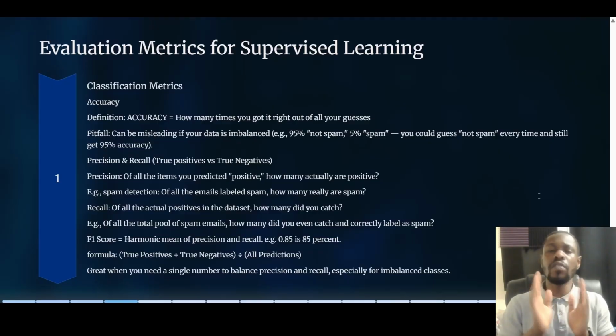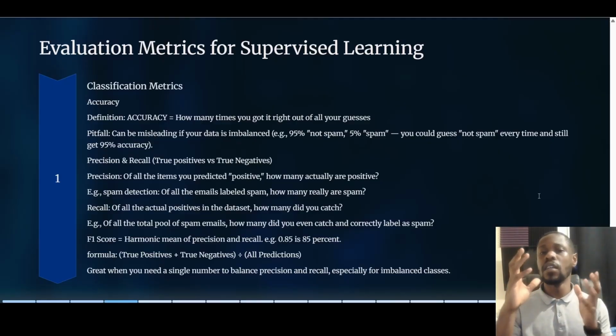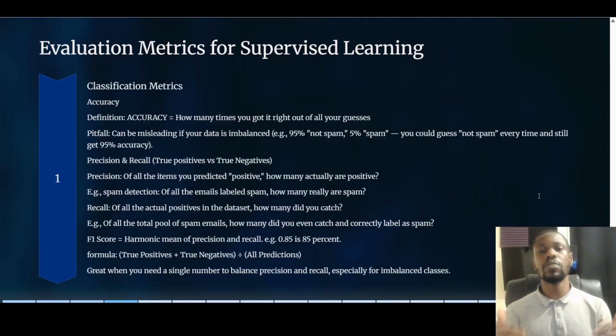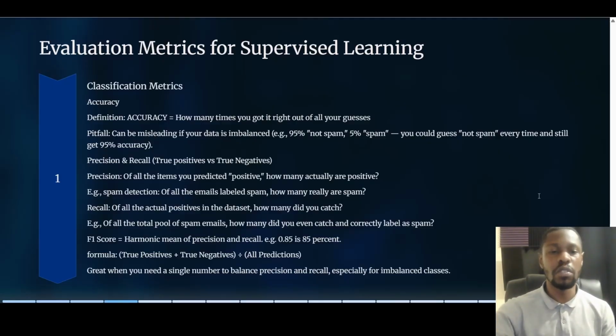Of those 50 that you caught and labeled as spam, 100% actually were spam. So the precision score would be 100%, but the recall score would not be 100% because there were still 10 that were missed. Of the 60 that were meant to be marked as spam, you only caught 50. But of the 50 that you did label as spam, they were correct. So that's the difference between precision and recall.